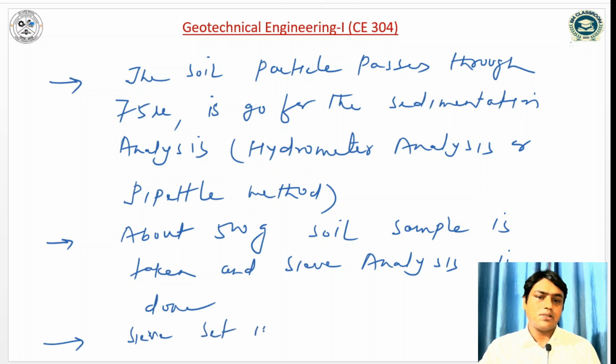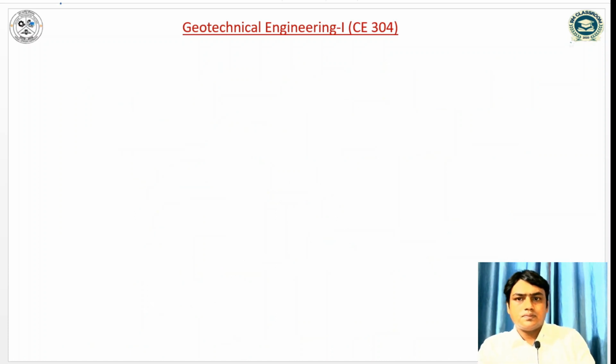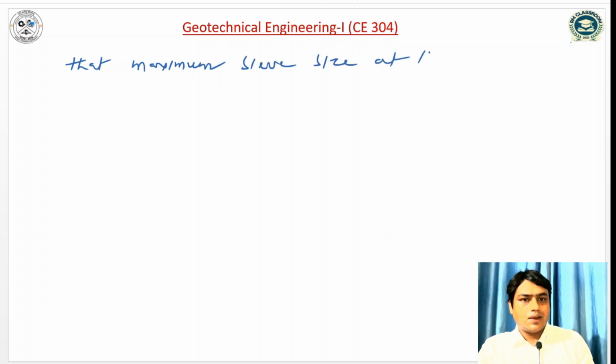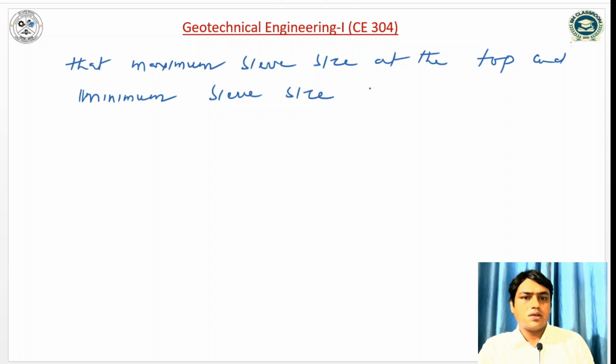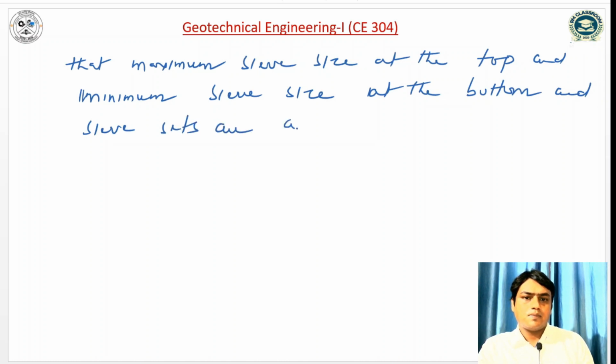The sieve set is arranged in such a way that the maximum sieve size is at the top and the minimum sieve size at the bottom, and the sieve sets are arranged in decreasing size.